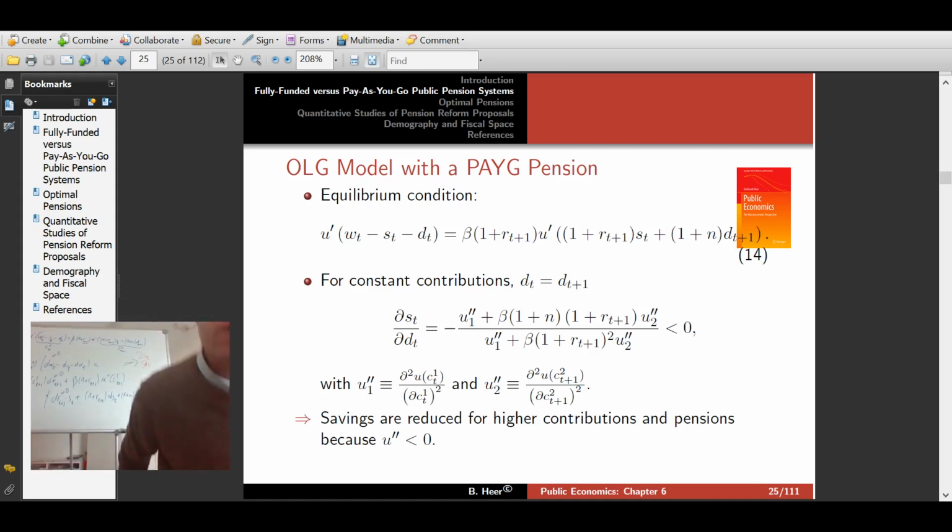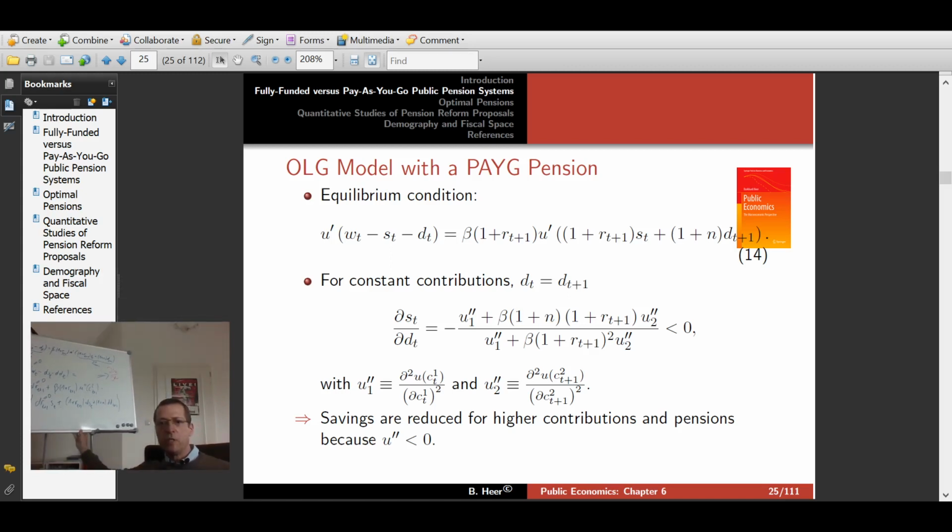It's the second equation, partial St divided by partial Dt, so the derivative of savings with respect to Dt is equal to the fraction on the right-hand side. And because the second derivative of the instantaneous utility function u with respect to consumption is negative, we have a decreasing marginal utility from consumption.